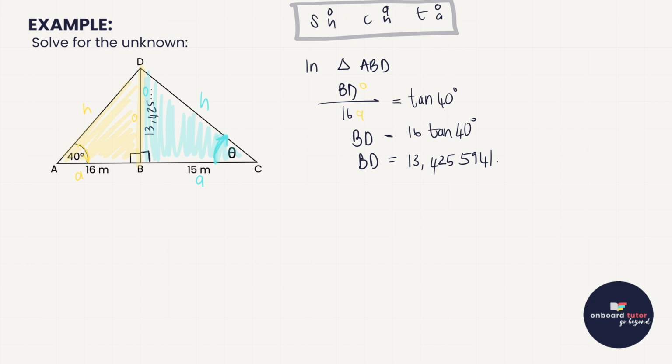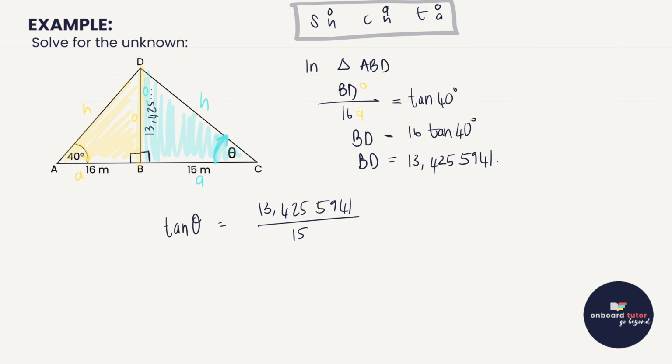One of them is O and one of them is A. So again, I have a look here and I say I can make that equal to tan. So if I say tan of theta, well, tan is opposite over adjacent, that's this 13 comma all those decimals, 13,4255941 over the 15 meters.